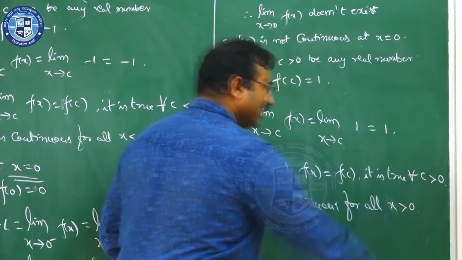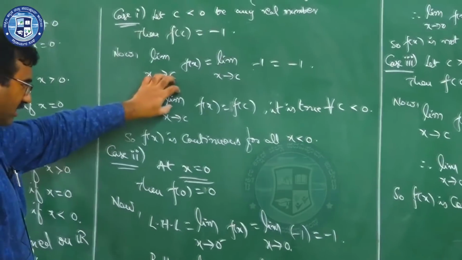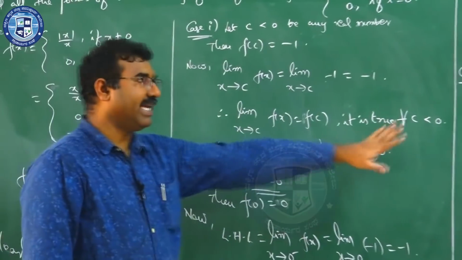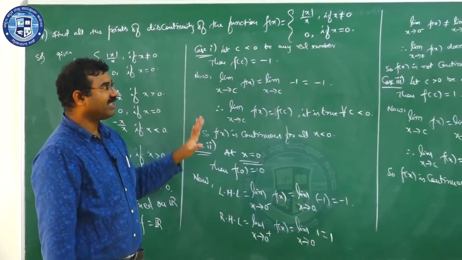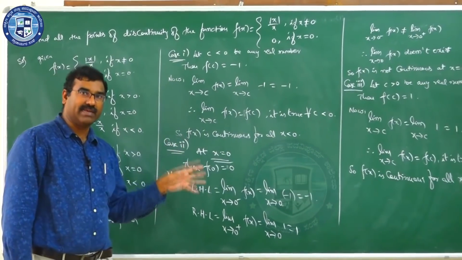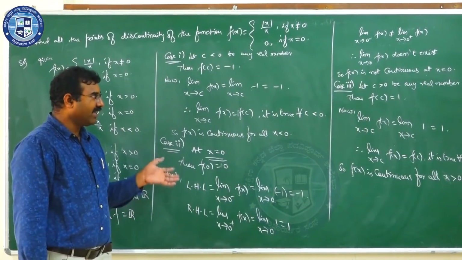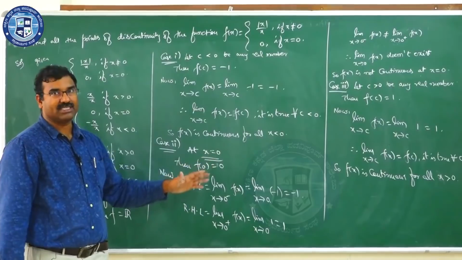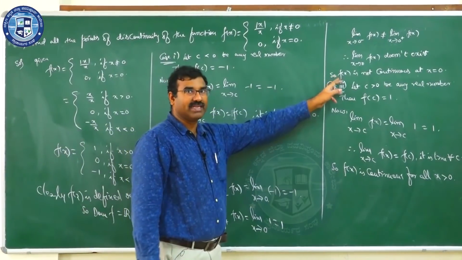for all x greater than 0. Now, by case 1, case 2 and case 3, what can we conclude? This function is continuous throughout the real number system except at 0, because at 0 it is not continuous, as we proved in case 2.